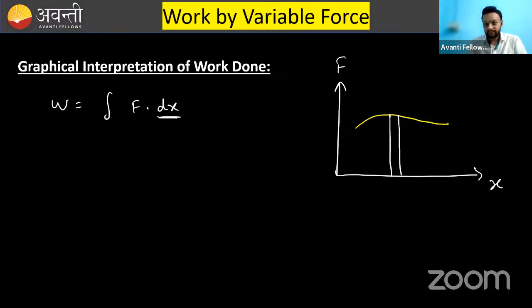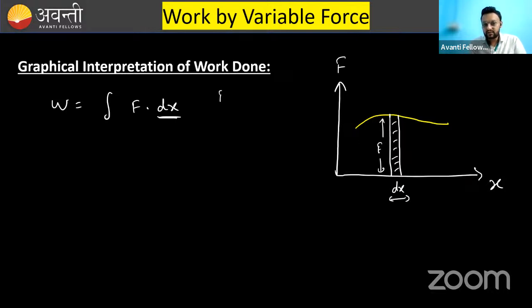For that situation, F into dx has dx as its base and F as its height. Can you say that F dot dx is the area of the small strip?